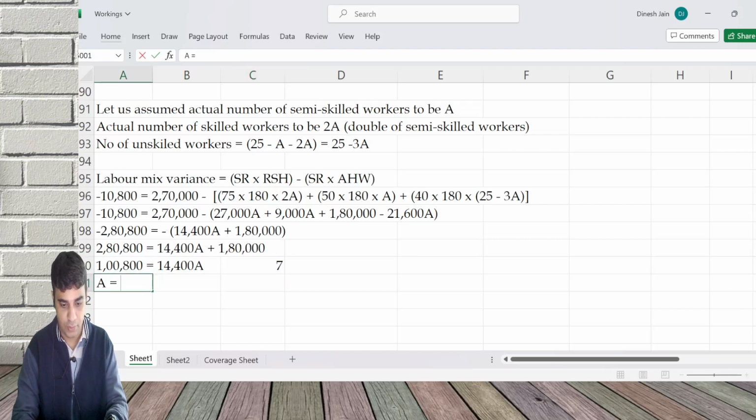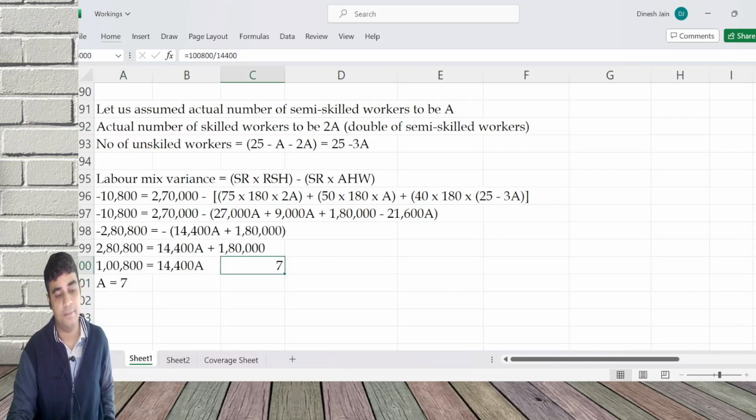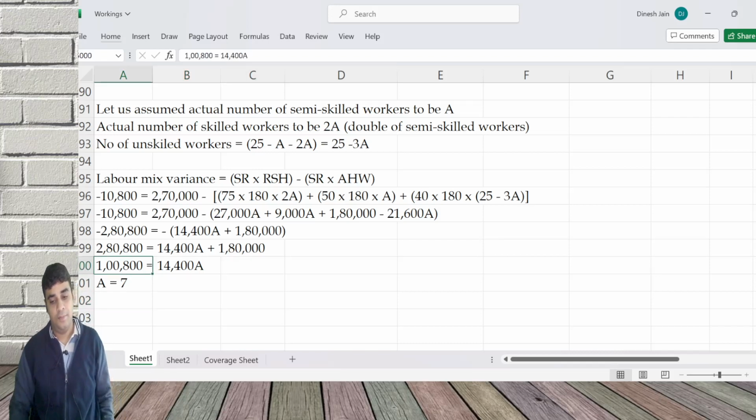A is equal to 7. This is what I'm getting. Let me know if you get anything different. You can check the simplified equation in case you're stuck.